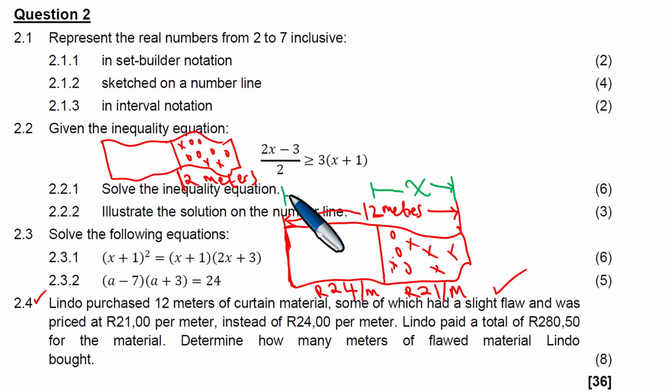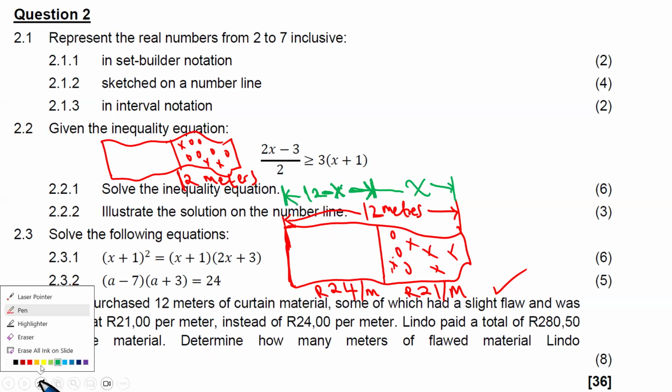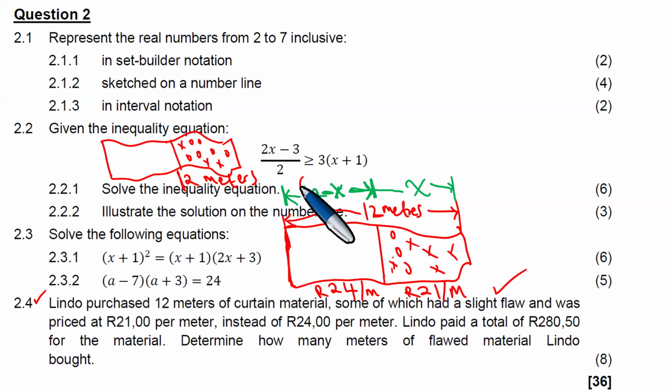The other one is going to become 12 minus X, and the flawed one is just X.